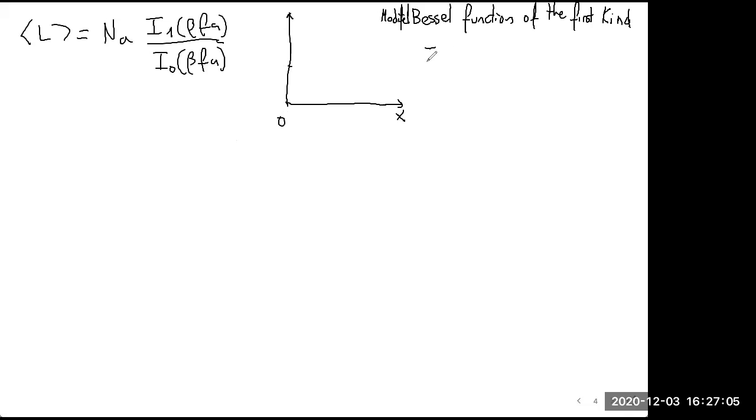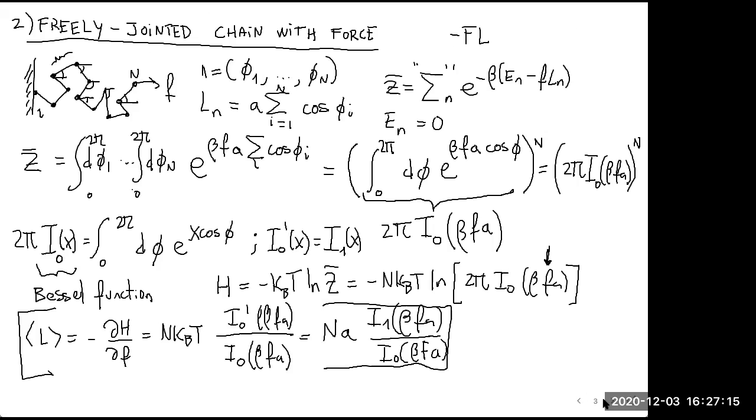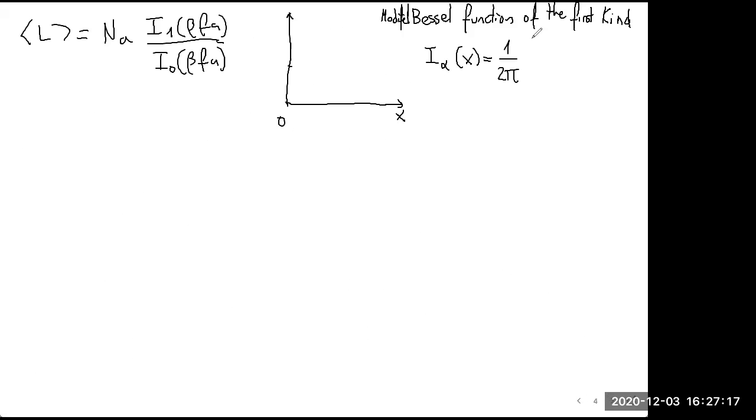And I define the Bessel function as 1 over 2 pi, integral from 0 to 2 pi of d phi, e to the x cos phi. Okay, this integral, so x is the variable that remains.